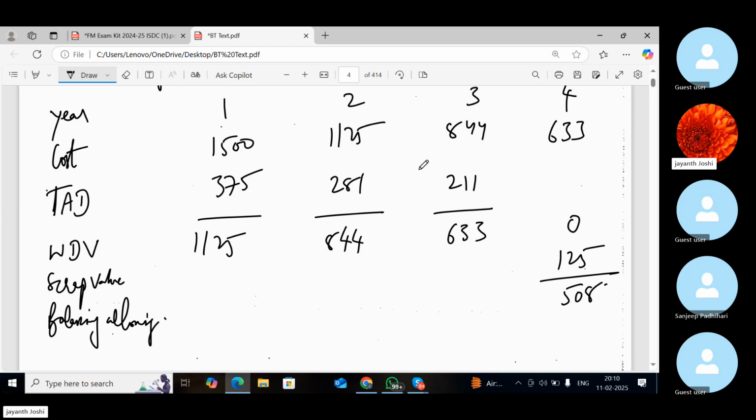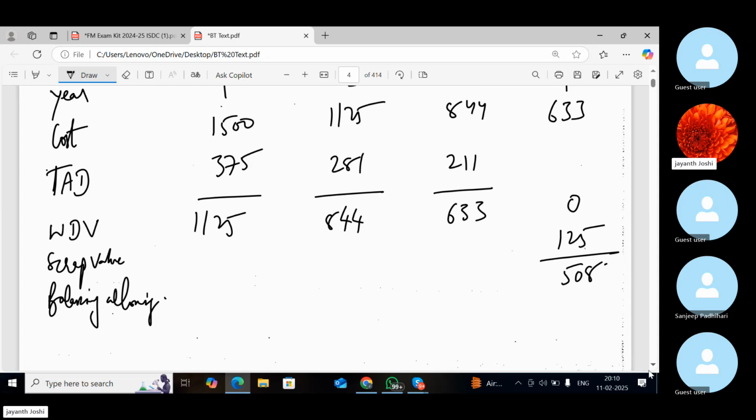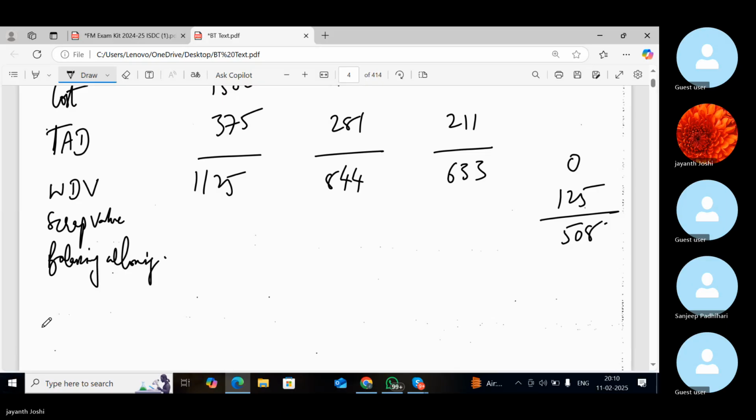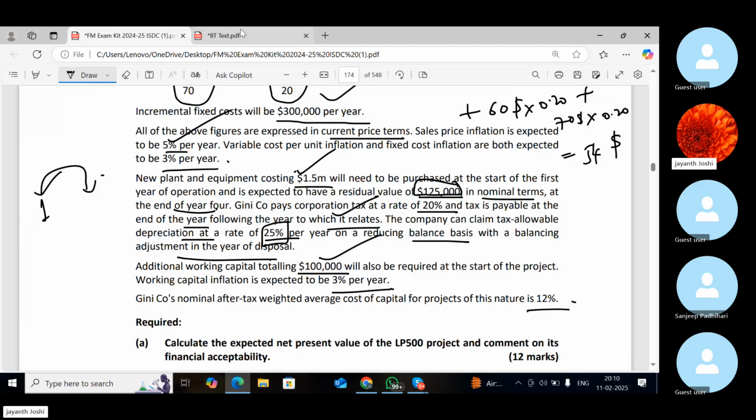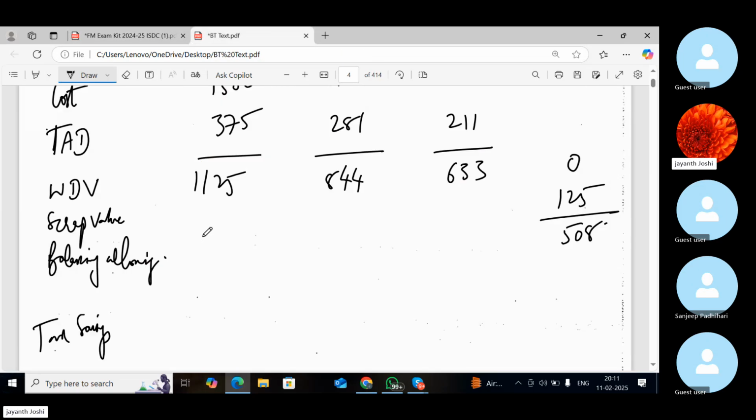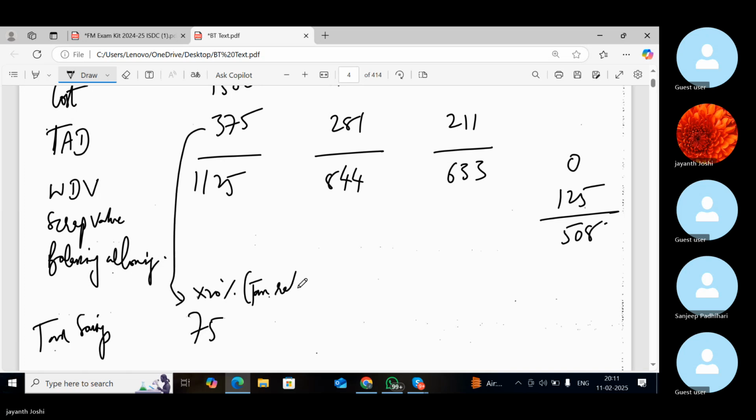Then let us do that here itself. We will see what tax savings we are going to get. Tax savings is your depreciation into the tax rate. Tax rate is 20%. So 375 into 20% tax rate is 75.